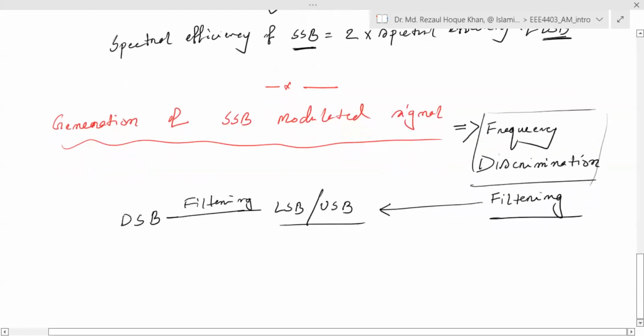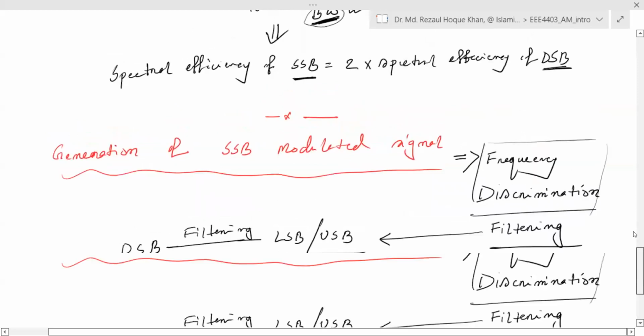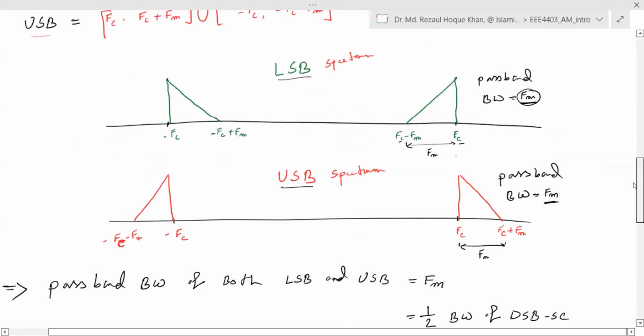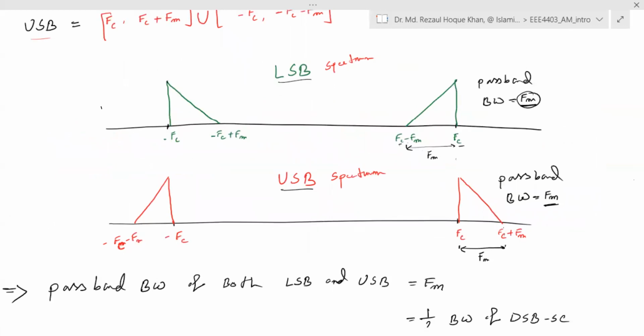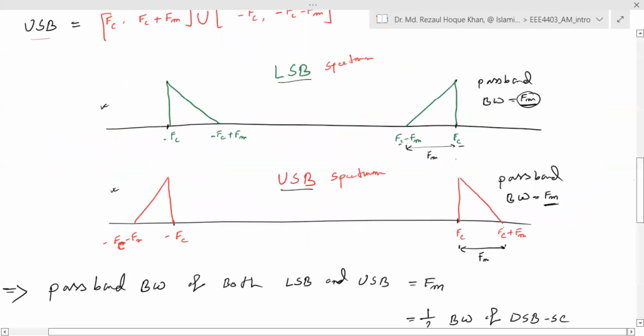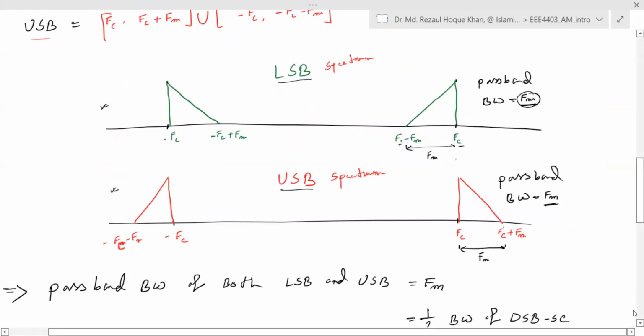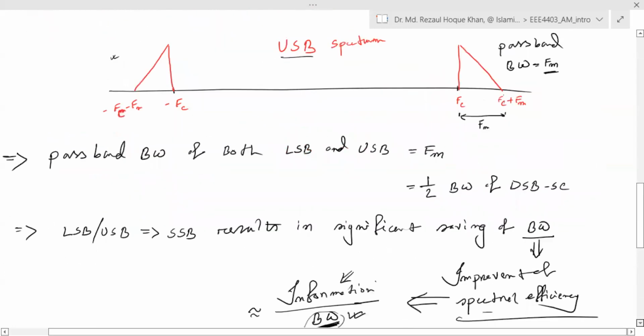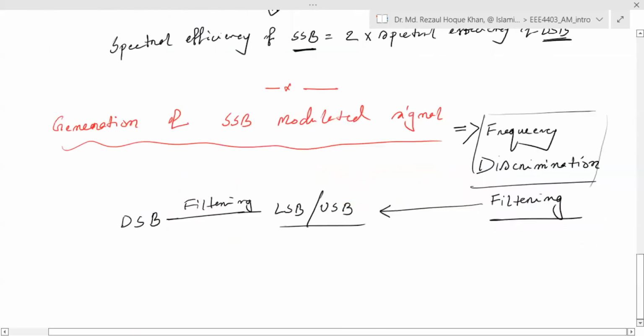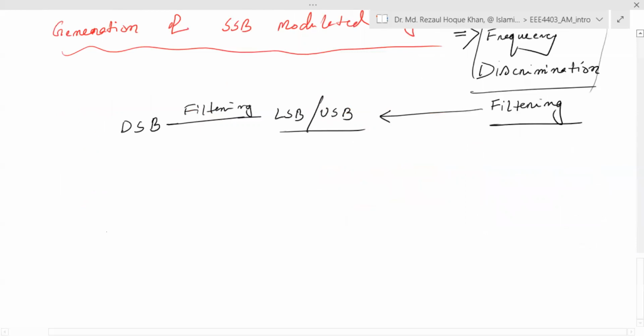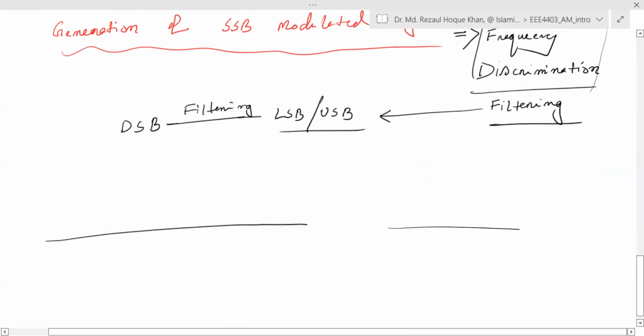For example, let me draw this picture again. We see this technique applying to both LSB and USB, so I will draw them side by side to help you understand both scenarios simultaneously.